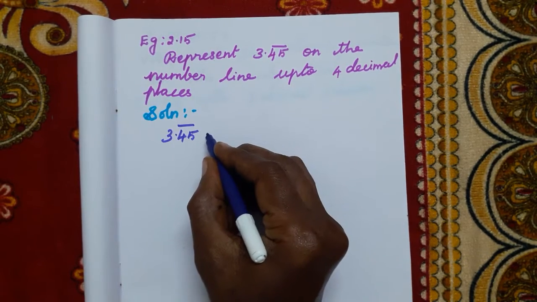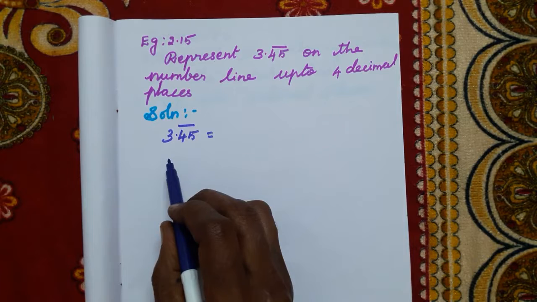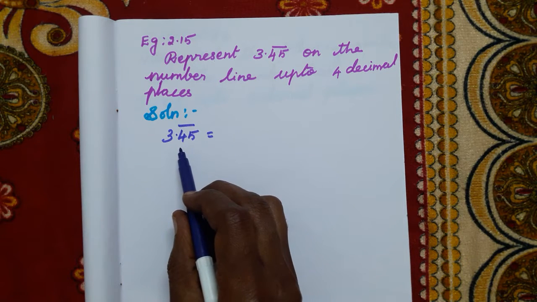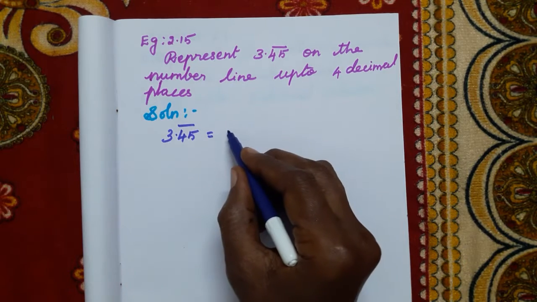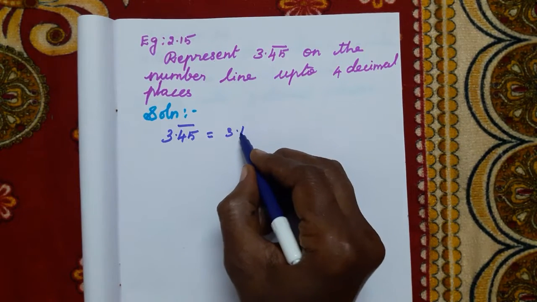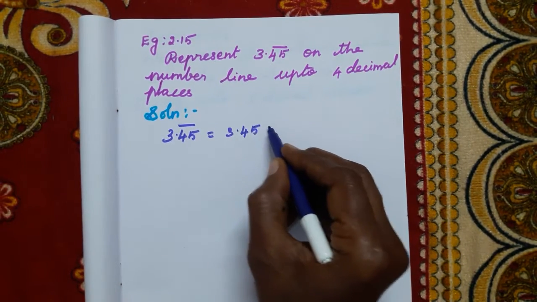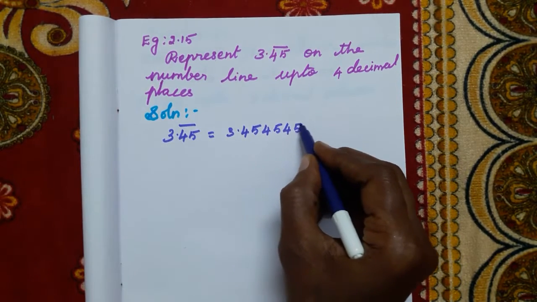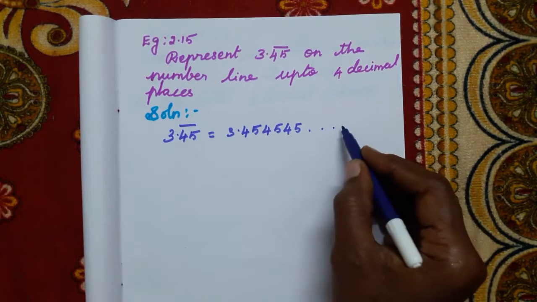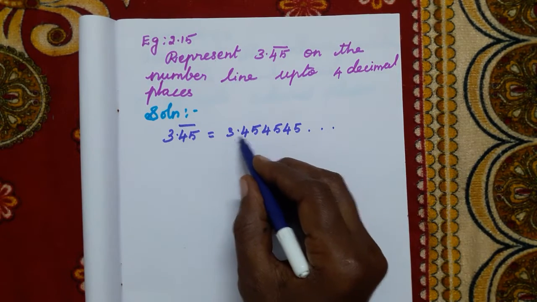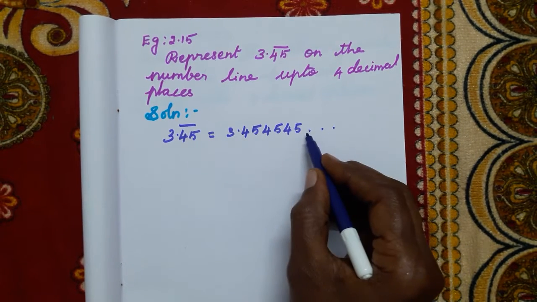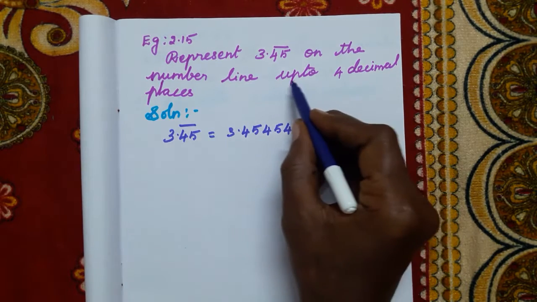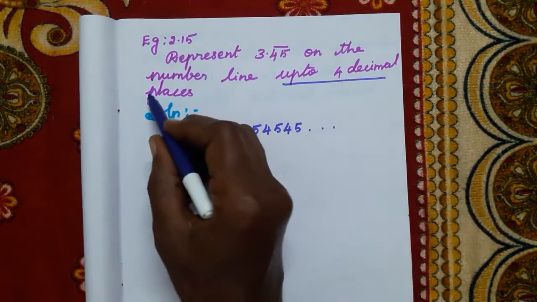3.45 bar. 3.45 bar means how can we write it? It is a rational number. We can write it as 3.4545, etc. Is it correct? Here the question says up to 4 decimal places.